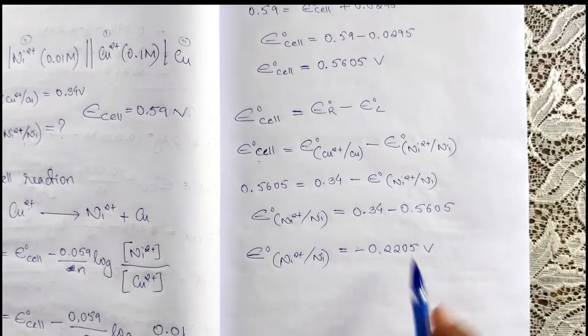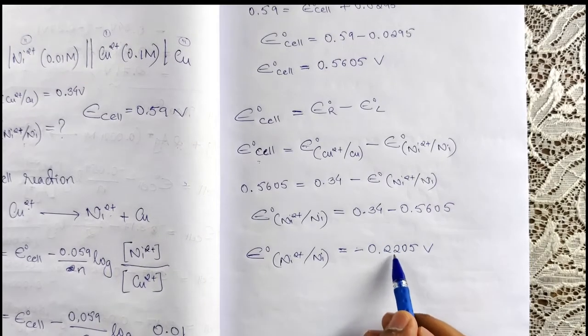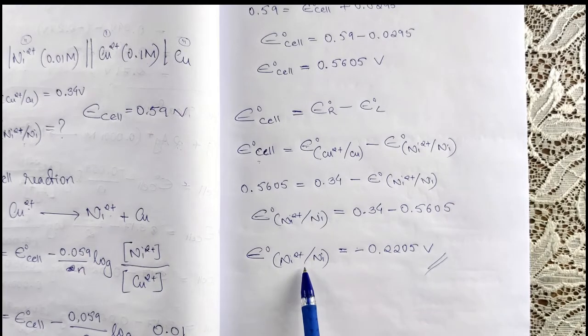So if you subtract these two numbers, you will get minus 0.2205. So this is how you get E naught Ni2 plus by Ni, standard electrode potential of nickel 2 plus by nickel.